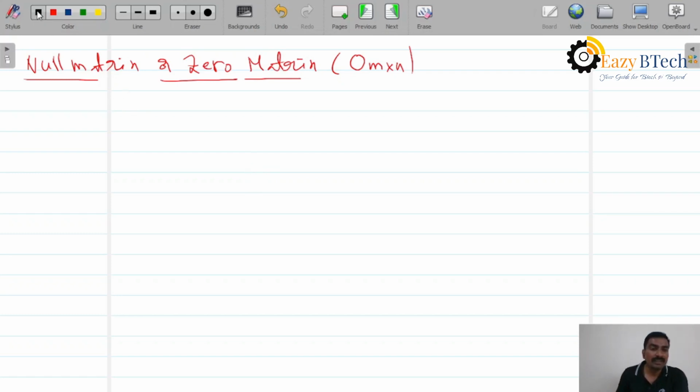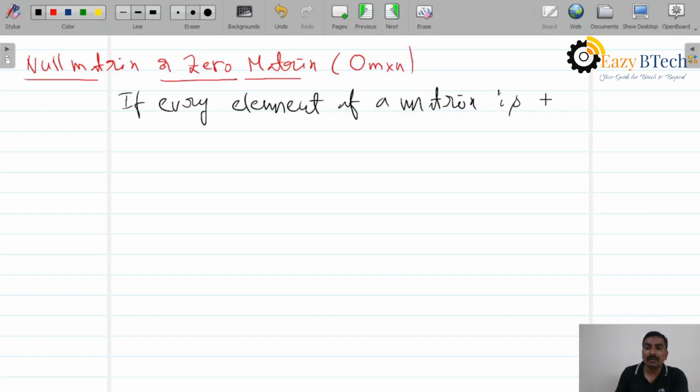See the definition: if every element of a matrix is 0, then the matrix is called a zero matrix.